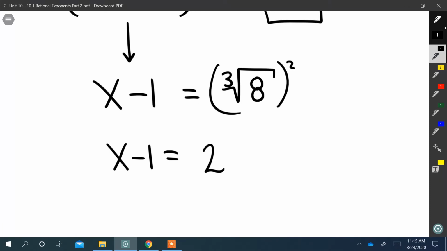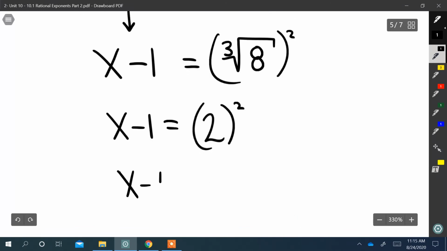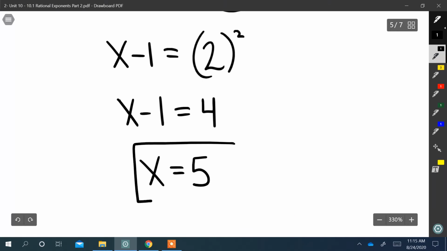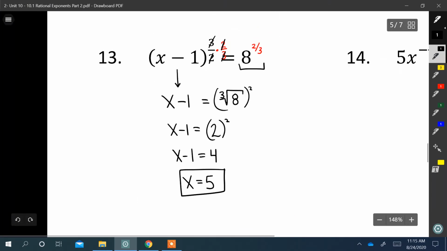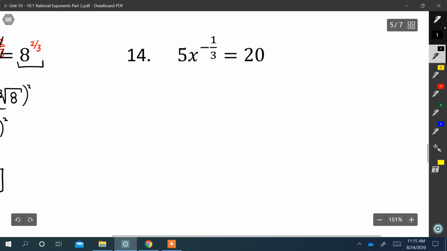So the cube root is 2. And then we have 2 to the second, well, that will be 4. And I don't know why I put a 1 right there. So 4 right there. Then we add 1 on both sides, and we end up getting 5 as our final answer for this one. Okay, so that's how we do those.